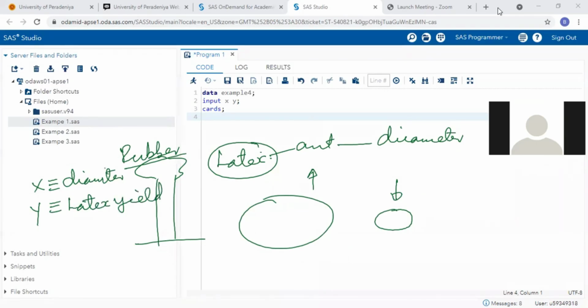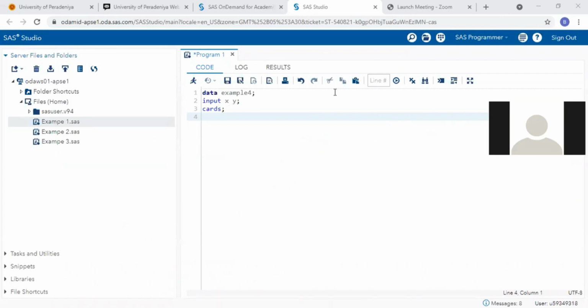I cannot write diameter and latex yield here because it becomes larger and larger, so I will put it as X and Y. Our interpretation is going to be based on this diameter and the latex. Right? So I'm going to enter some data. Diameter in centimeter, make a note of it. Rubber yield is in kilogram.